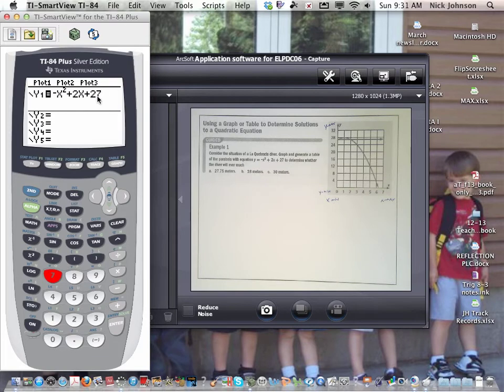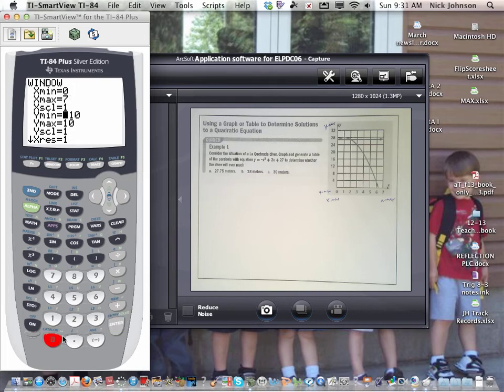Since you know 27 is your y-intercept, you should already know that your y-max needed to be greater than 27. So 0, 7, I'm just going to give you the picture like I got right over here, and 0, 32. If I hit graph, there's my equation.